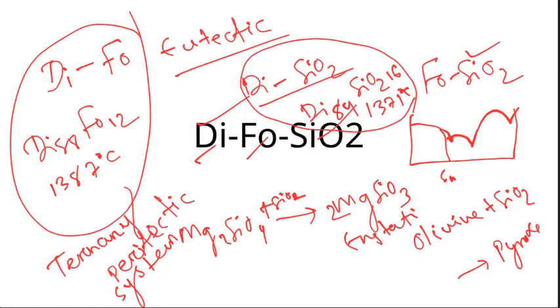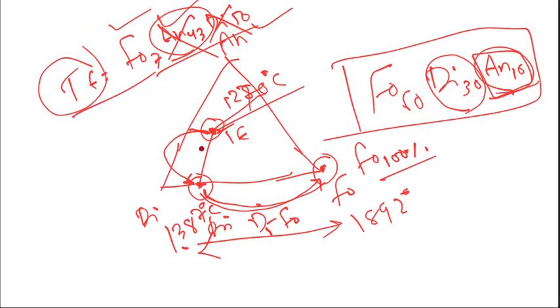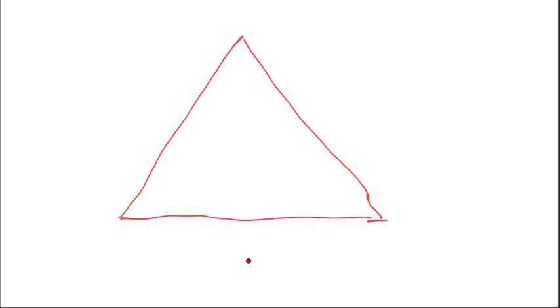So we can plot the diagram. Wait 1 second. Okay, so this is the triangle. Here is your forsterite, here is your silica, and here is your diopside. So forsterite-diopside is what?